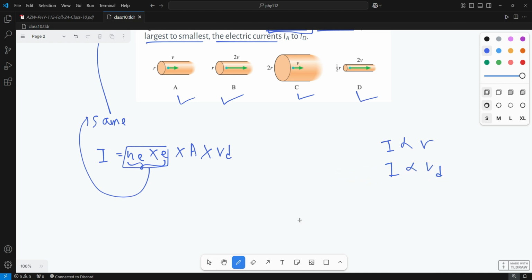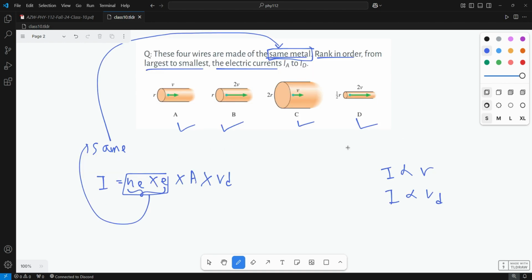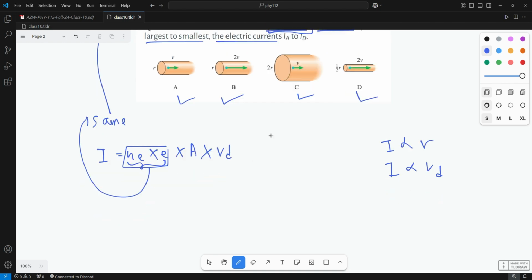So we can take equations or use the proportionality condition to solve this question. I'll be using these equations and solving this. I'll not be using this entirely, but you guys can use this also.